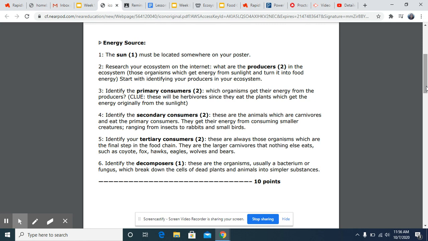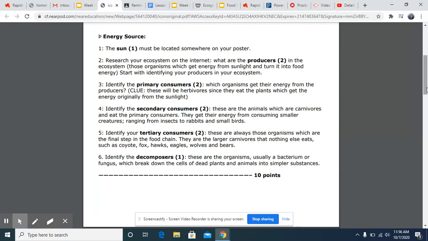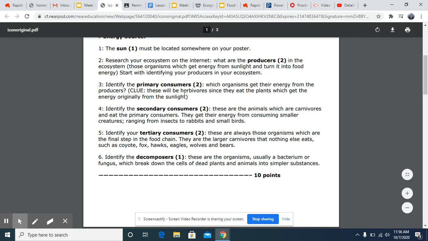And then you're also going to need to identify 1 decomposer. These are usually bacteria or fungus, or like worms, which break down the cells of dead plants and animals into simpler substances. So you're going to need the sun, 2 producers, 2 primary consumers, 2 secondary consumers, 2 tertiary consumers, and 1 decomposer.